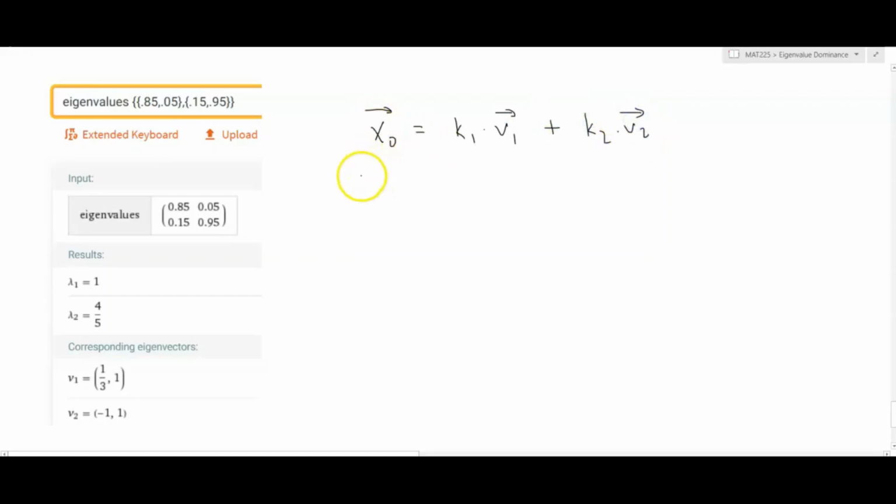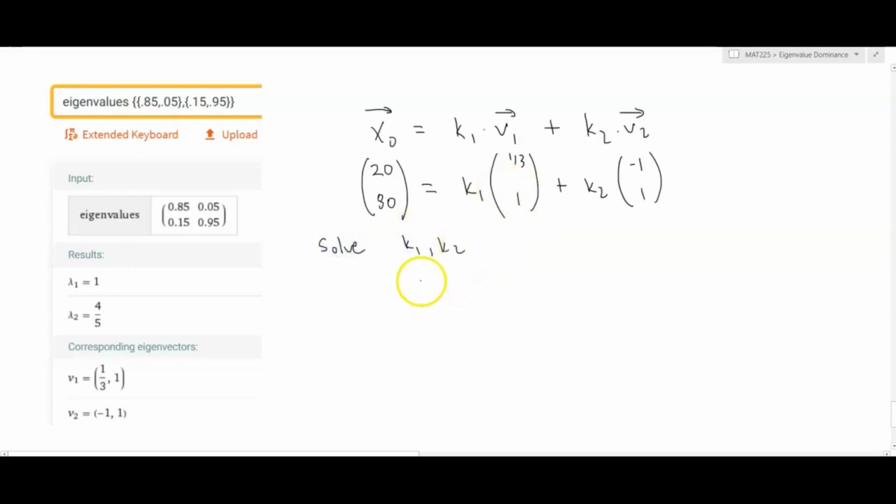Now our x naught vector, that was our initial state in this problem, where we had 20 rural people and 80 urban people at time 0. So now we have k1 times v1, which is the 1/3, 1 vector, plus k2 v2, which is the -1, 1 vector. And now we need to solve for k1 and k2.